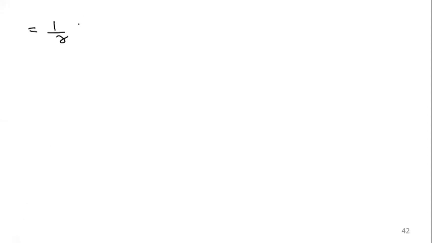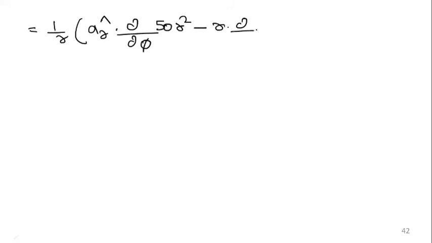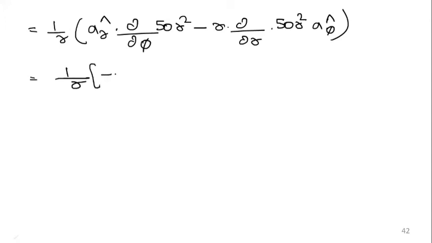So now we will do del cross A. It will be 1 by r into A r into del by del phi of 50 r square, minus r into del by del r of 50 r square into A phi. Whichever way you want, you can do. 1 by r is equal to minus r into 100 r, 100 r meaning 50 into 2 r.